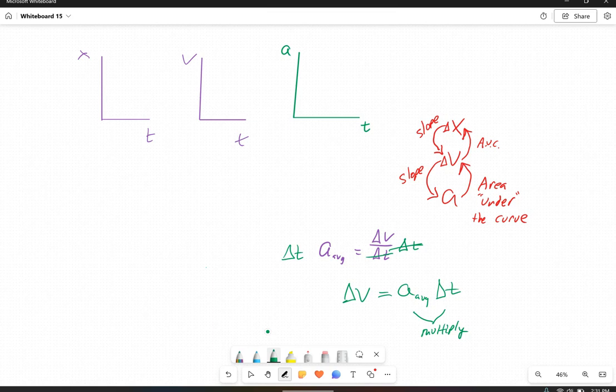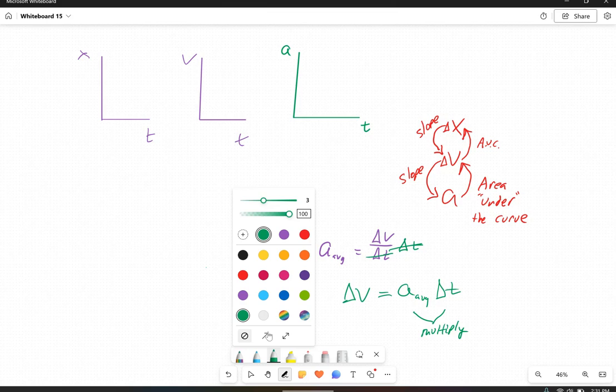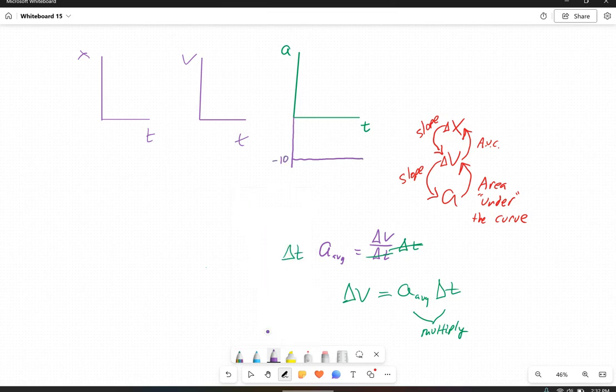So let's go through an example, starting with the area under the curve for acceleration versus time. I'm going to give you an acceleration of -10.